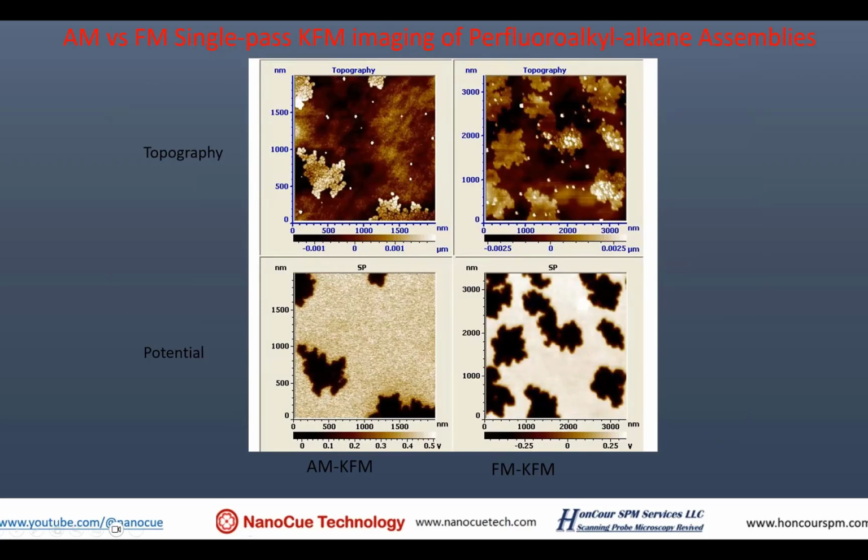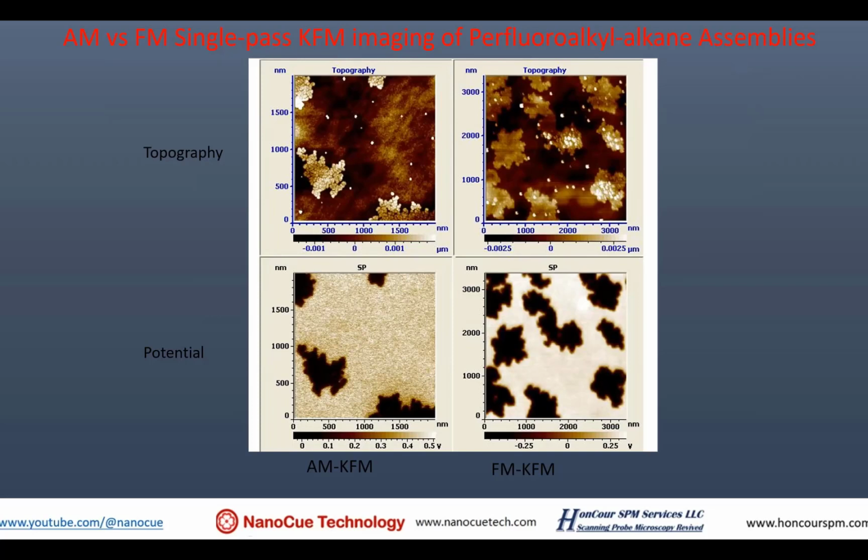You end up with this, I think it's 3.6 debye dipole at the center, along the axis of the molecule. And when they self-assemble, all those dipoles end up lining up, and you end up with this potential difference. And depending on the substrate, you'll end up seeing a different surface potential difference.